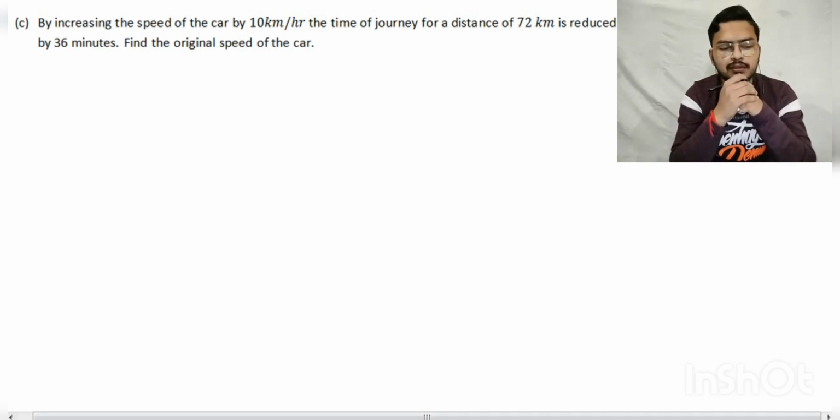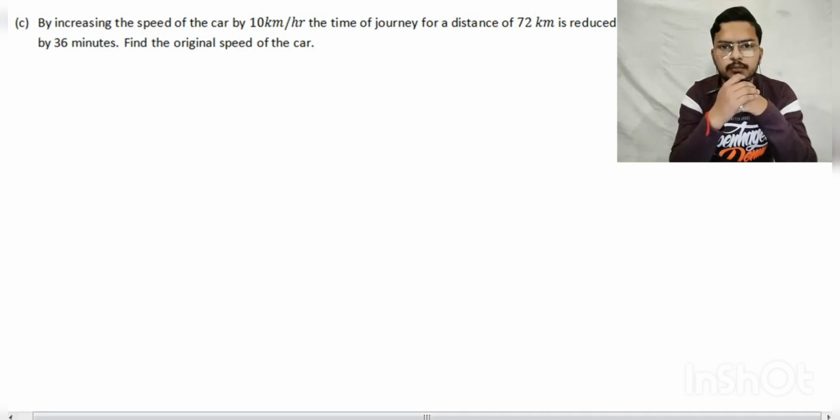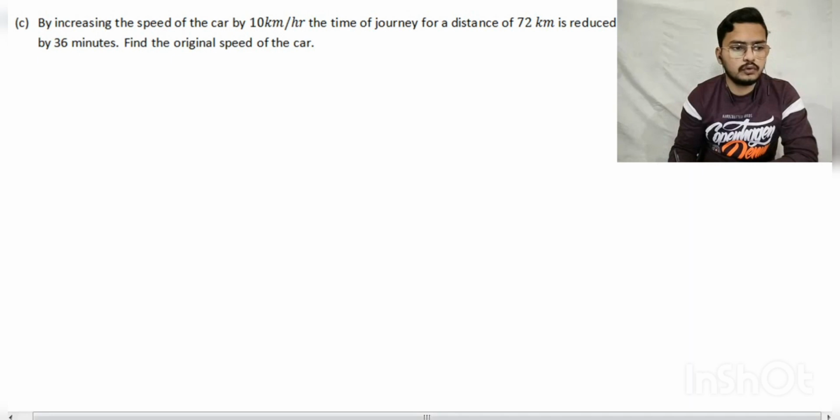Look, the question says that when we increase the speed of the car by 10 km per hour, obviously when we increase the speed, the time is going to be reduced for a particular distance. So the question is saying that when we increase the speed of the car by 10 km per hour, the time of the journey for a distance of 72 kilometers is reduced by 36 minutes. Means that particular time is reduced by 36 minutes. So how can we solve this type of question?